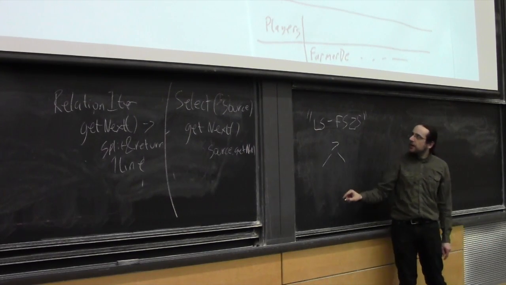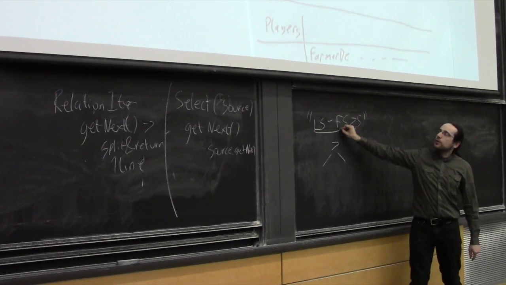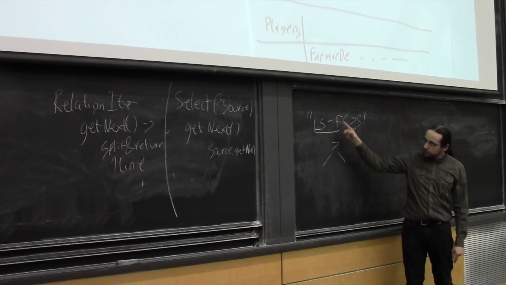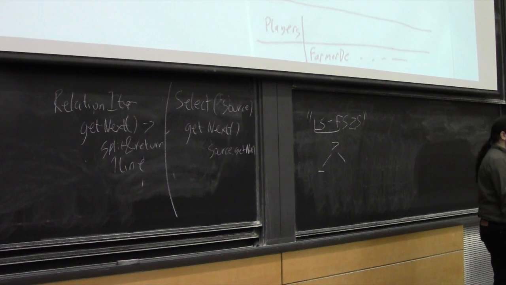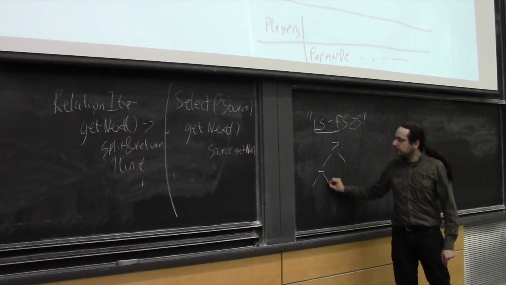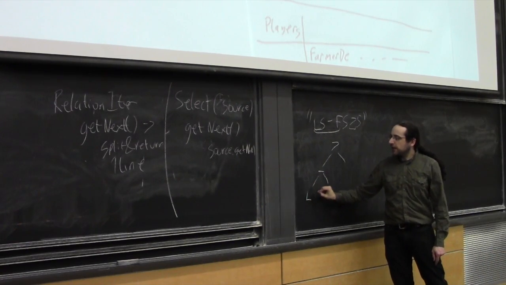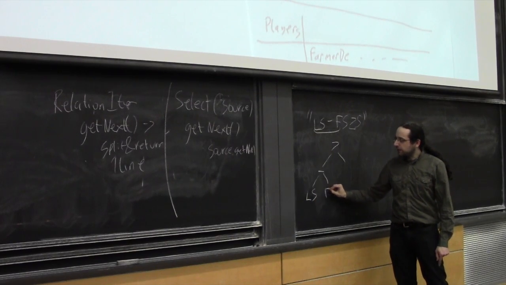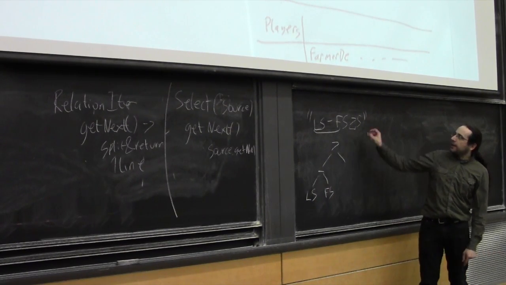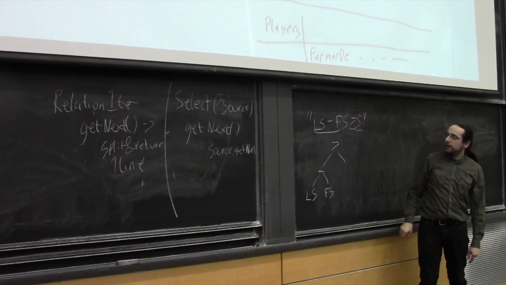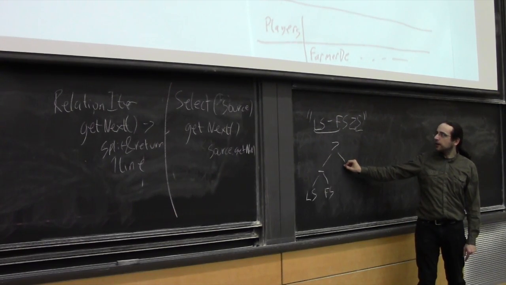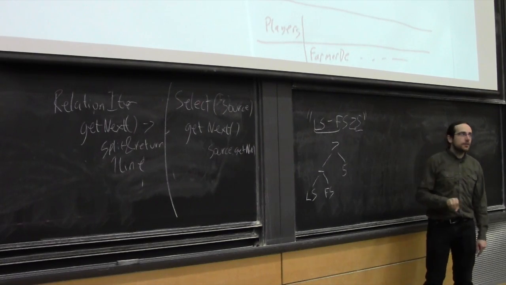The left-hand side corresponds to that expression, which can be represented as a subtraction between, again, a left-hand side and a right-hand side, ls and an fs. And then the right-hand side of the greater than comparison is the constant 5.